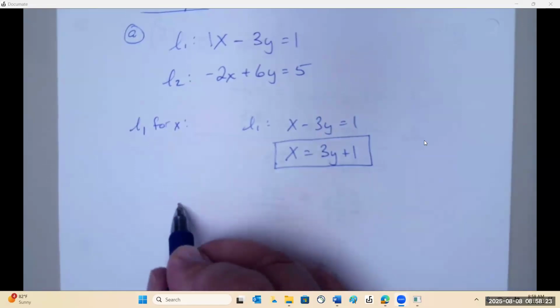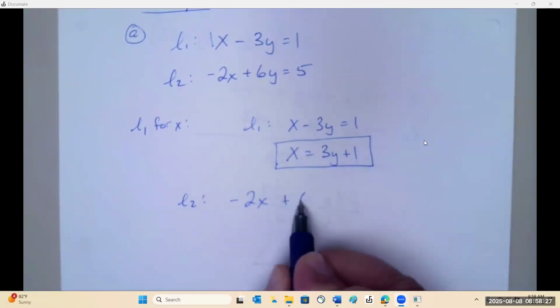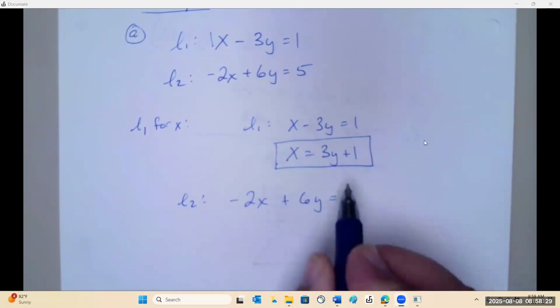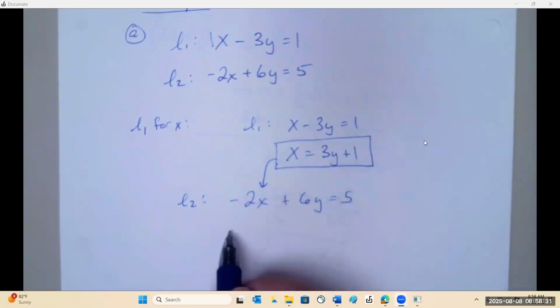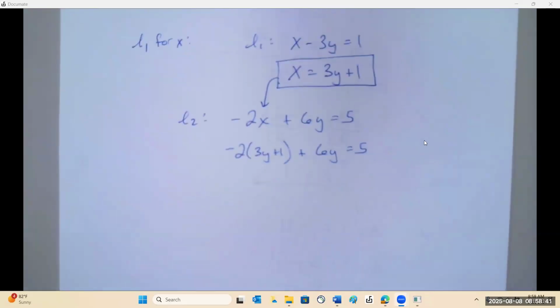Yep. Go to line 2, -2x plus 6y equals 5. Anywhere we see an x, we put a 3y plus 1. It's not much more difficult, I'd say.